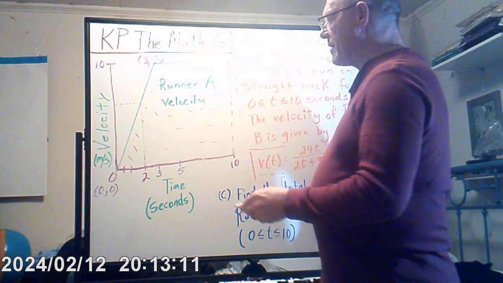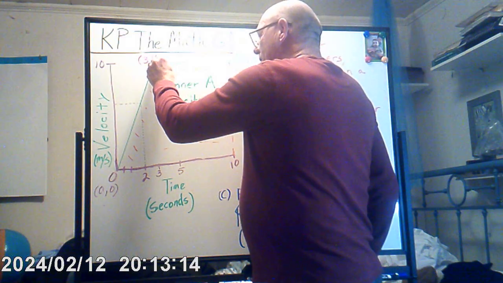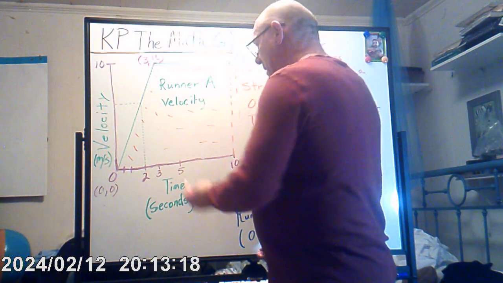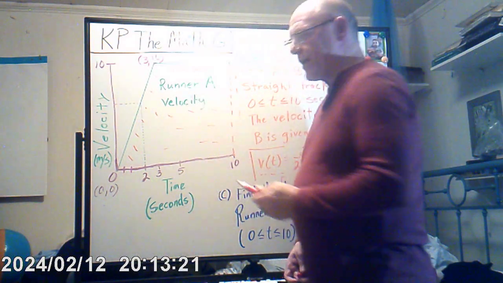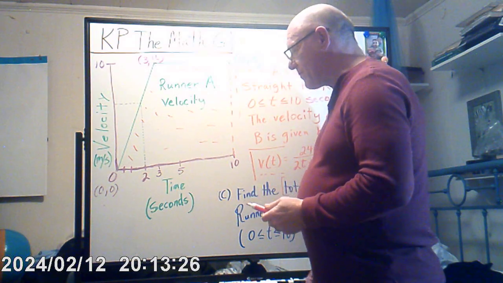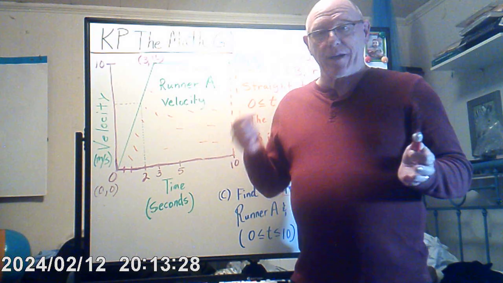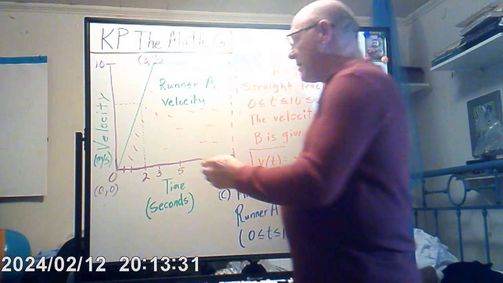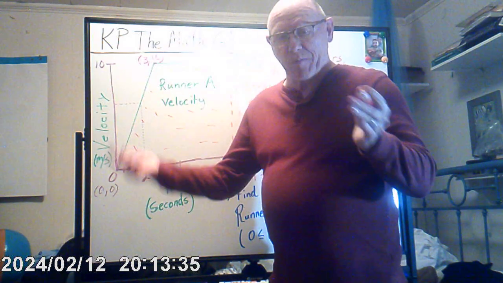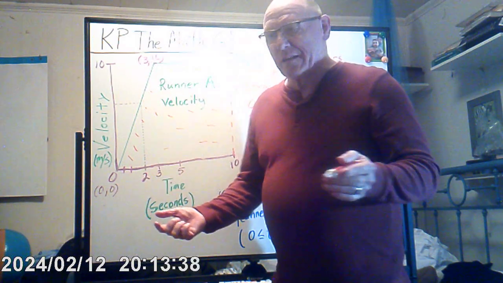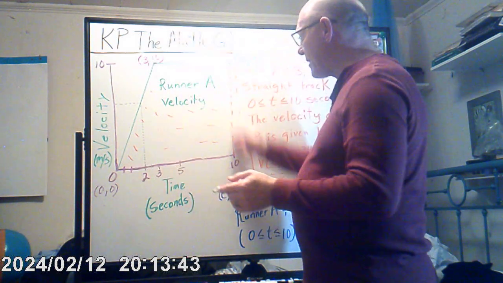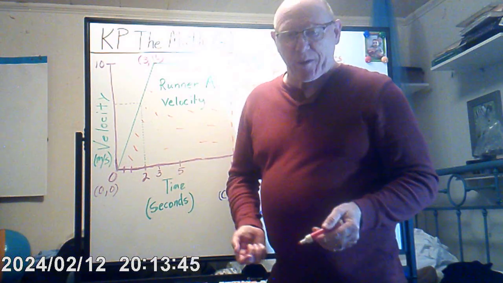One way is to divide this up into a triangle and take the rest as a rectangle. Either way, you're going to get the total area. The other way is by the trapezoid method. This figure here, including the dotted line, is a trapezoid.